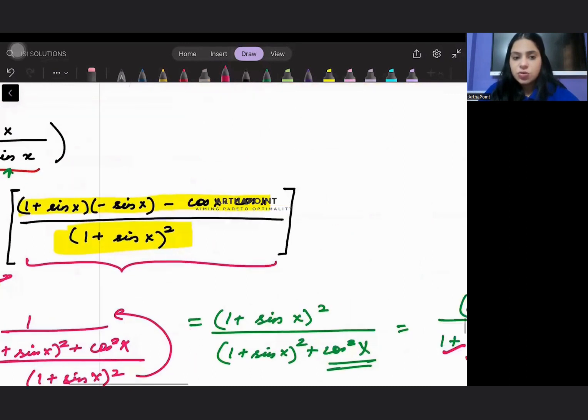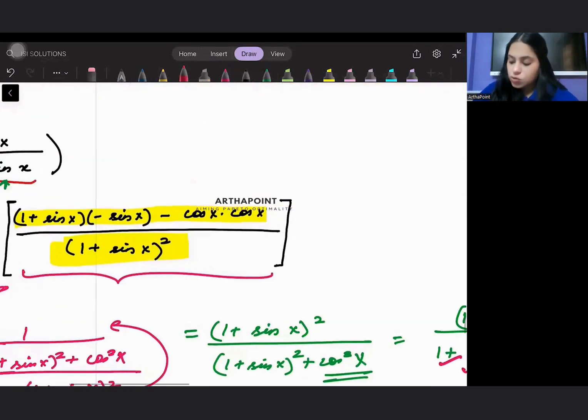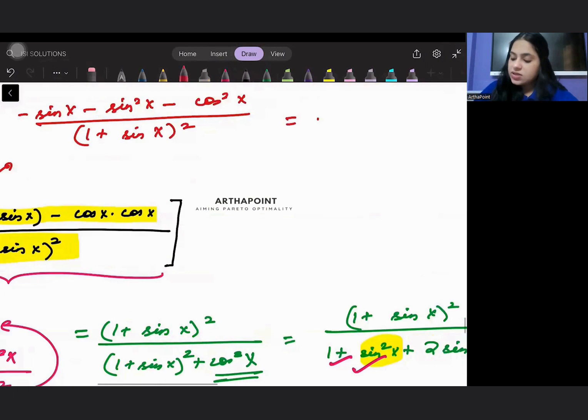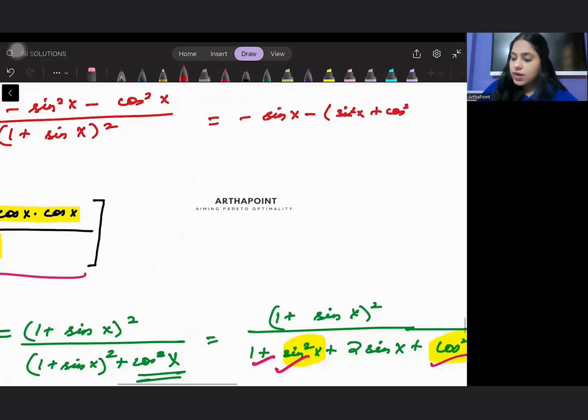So now if I just go ahead and look into this part, what will I get here? Minus sin x minus sin square x minus cos square x upon (1 plus sin x) whole square, right? So I can do this as minus sin x minus, and if I just take minus common, this will be sin square x plus cos square x upon (1 plus sin x) whole square.